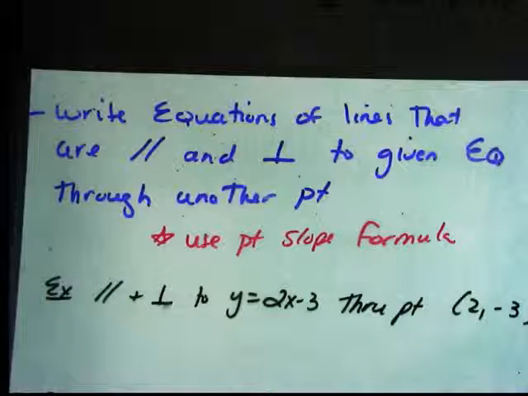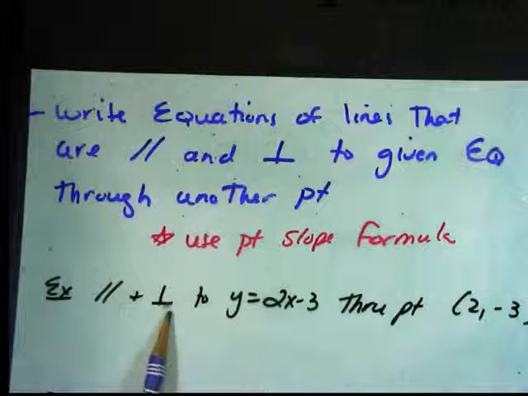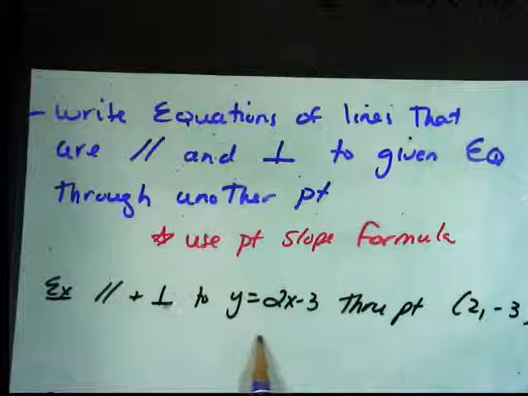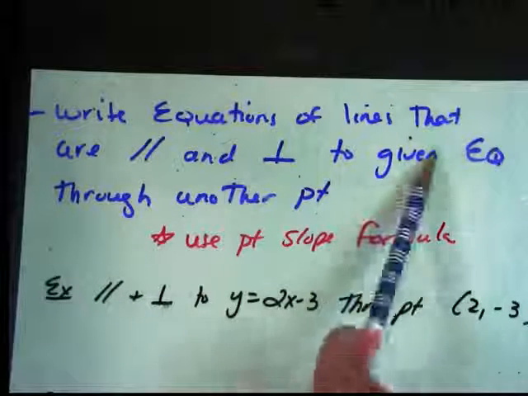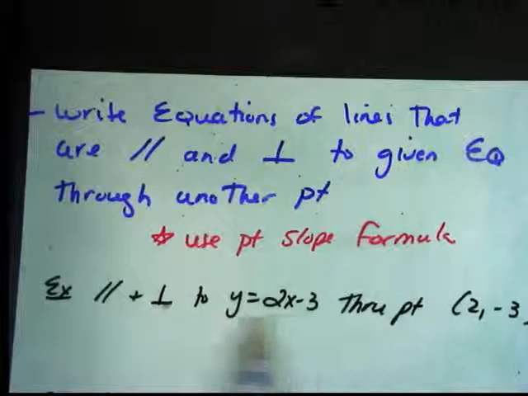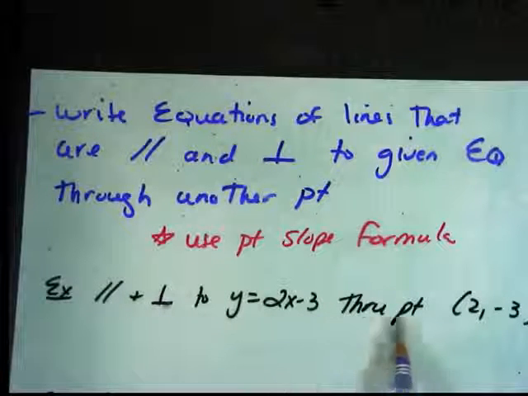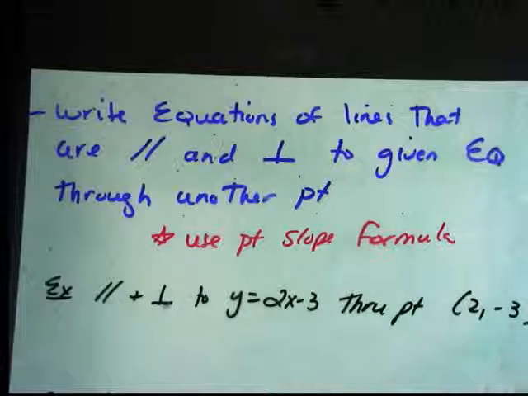So here's our first example. Write the parallel and perpendicular equation to this equation, given an equation, through the point (2, -3). Write equations of the lines that are parallel and perpendicular. But this time you're going to be given an equation and a point.